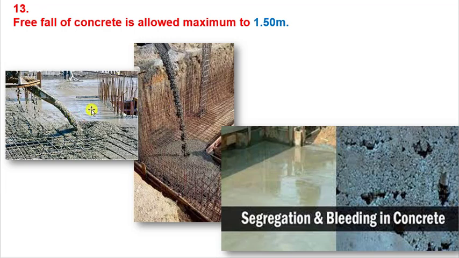As you can see in this image, the mouse cursor is showing that the height from here to this point should not be more than 1.5 meters. So the maximum allowed height for the free fall of concrete is 1.50 meters. If you do not follow this, you can face segregation, bleeding and then honeycombing. So that's the important point.